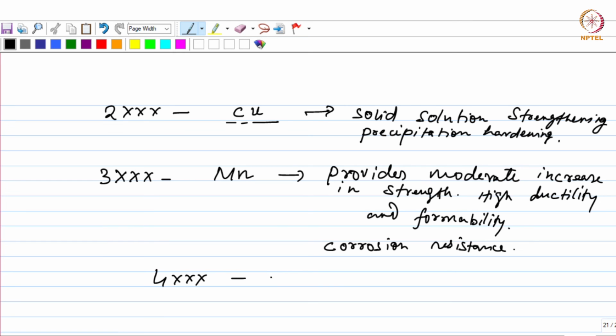4000 series belongs to the aluminium silicon, but as I have mentioned before, this is basically assigned to the aluminium silicon cast alloys, and these alloys are not really part of the wrought series. And we have already discussed these cast alloys. Next we have the 5000 series, where magnesium is the main alloying element.